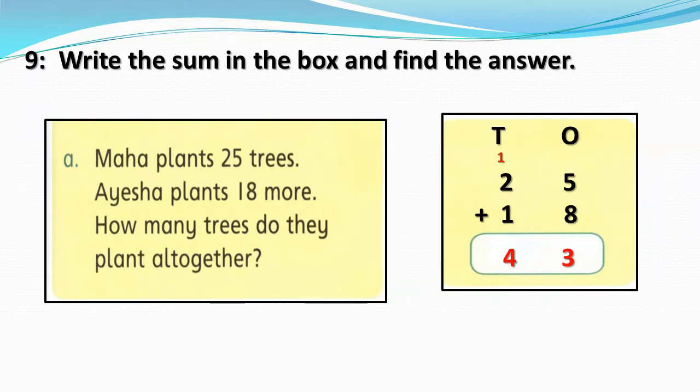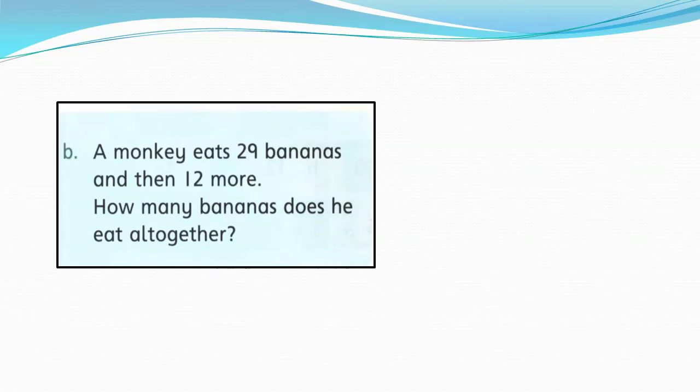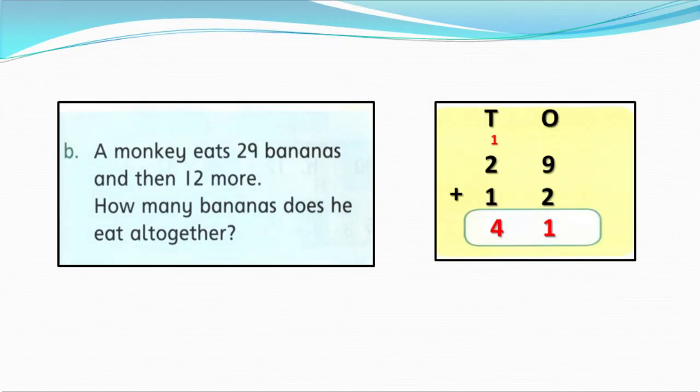Now in part B, a monkey eats 29 bananas and then 12 more. How many bananas does he eat altogether? Let's find out. Monkey first eats 29 bananas, then he eats 12 more. Let's add. 9 plus 2 equals 11.